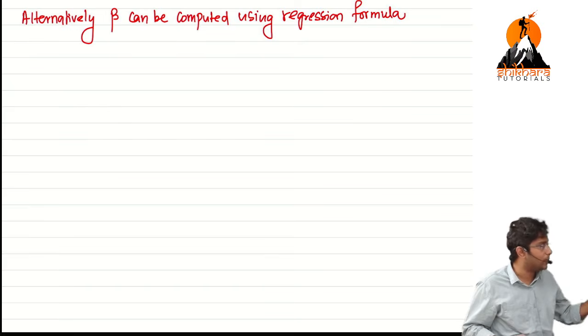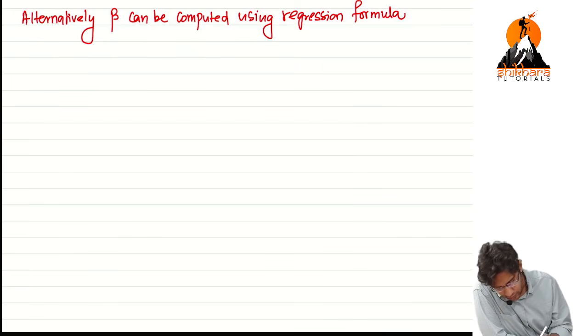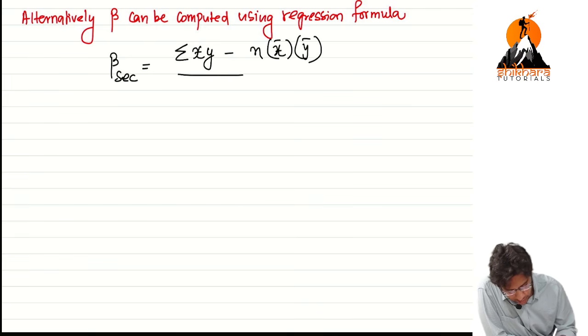So you have to compulsorily learn this, and in fact it's easy. So beta of security is equal to summation of xy minus n into x bar into y bar, divided by summation of x square minus n into x bar whole square.